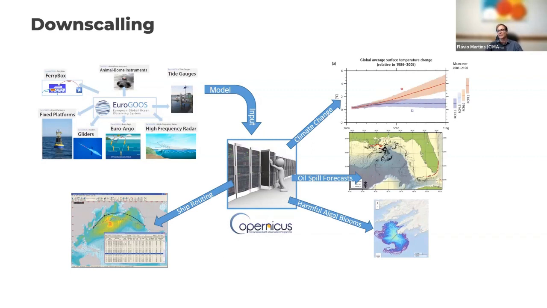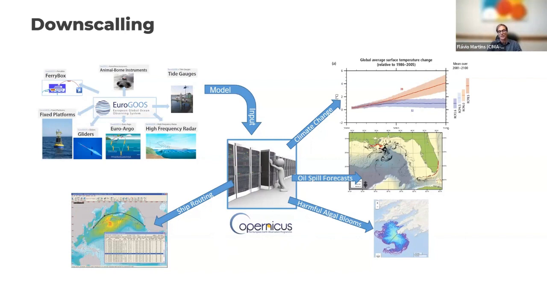They have a global model for the entire world, and they also have regional models, and you will have a lot of classes talking about Copernicus. So I won't talk more about this. The only thing is to say that usually the spatial and time resolution in Copernicus, because it's a very large domain, is not as precise as we would like.